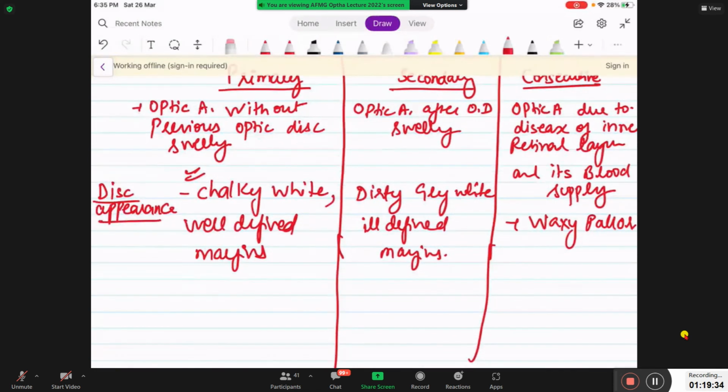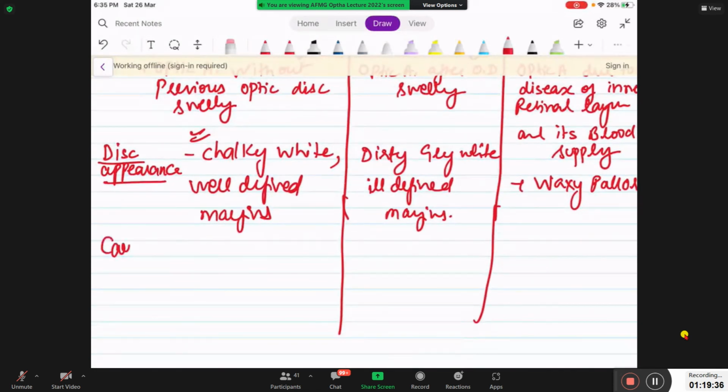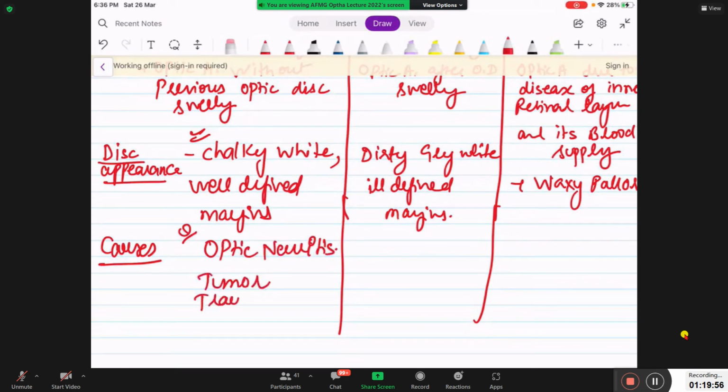Clear? Now talking about causes of these optic atrophies, these are important. Primary optic atrophy, write down, number one cause and most important one is your optic neuritis. Then tumor, trauma can give you primary optic atrophy. Hereditary. Toxicity, any toxic.